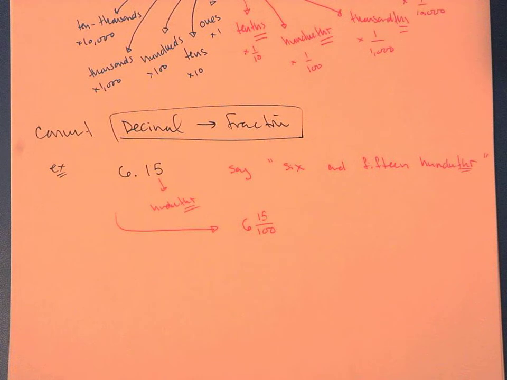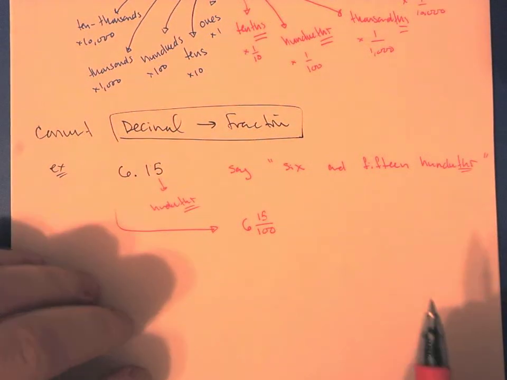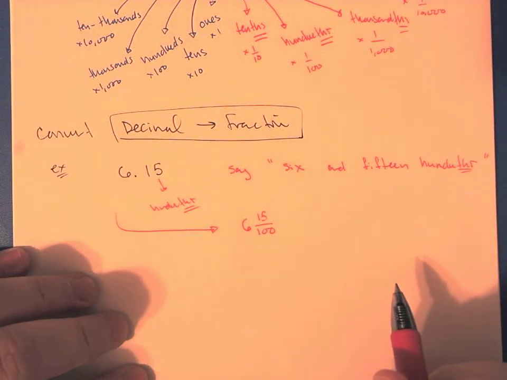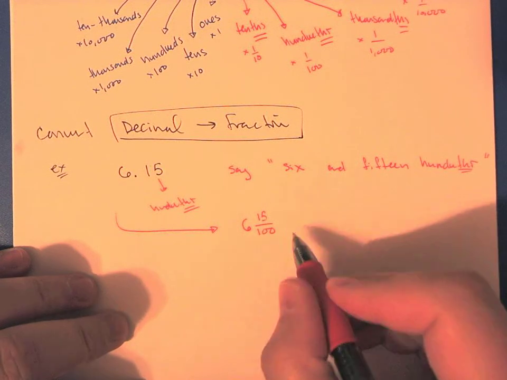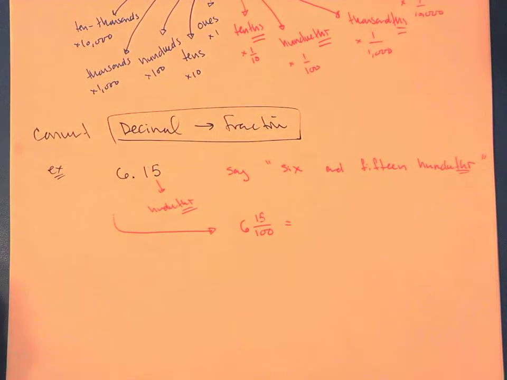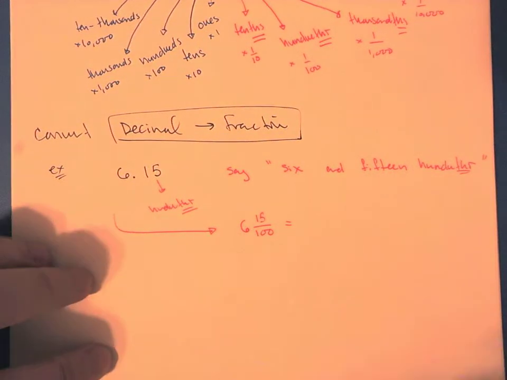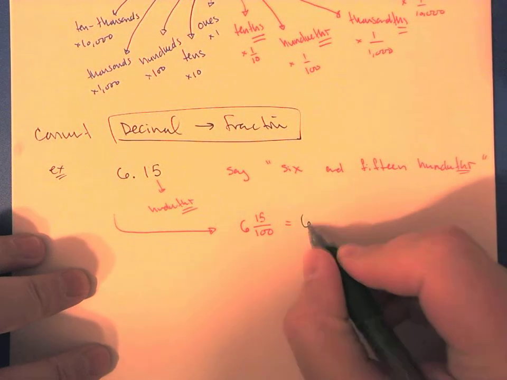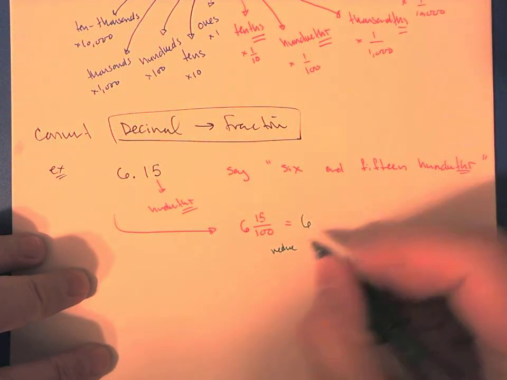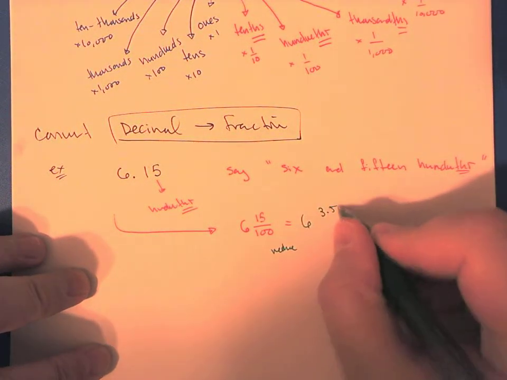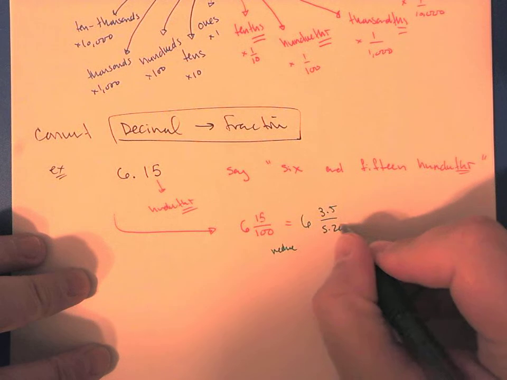So if you said 6 and 15 hundredths, you would immediately, hopefully, think of the fraction 15 over 100. And then from here, all we need to do is reduce. So we'll get an initial value, and then we'll reduce it down. In this case, this would be 3 times 5 and 5 times 20.